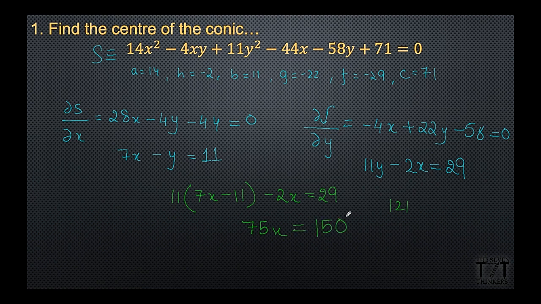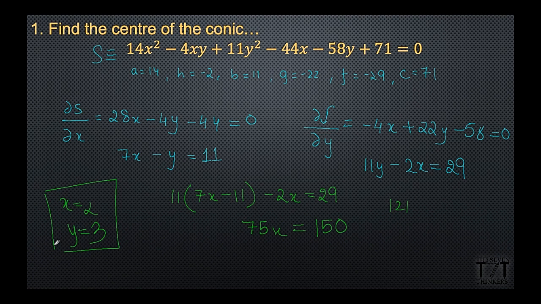So the value of x will be equal to 2, and by substituting the value of 2 in this equation we'll get the value of y is equal to 3, and this is the desired center of the conic represented by letter S in this question. So this is by the partial differentiation method.